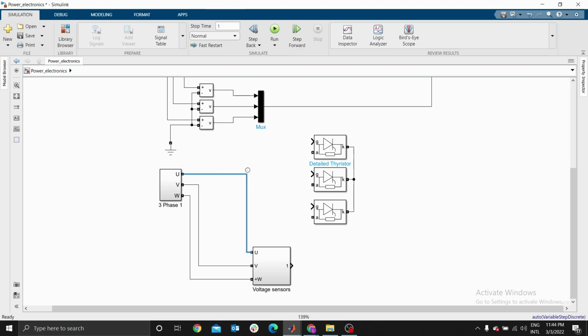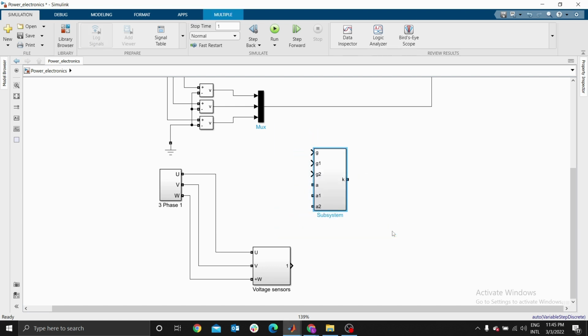Therefore, you can do like this. You can just have some incomplete branch like that, and another one here. Oops. Then if you select this, you can still form a subsystem like that.